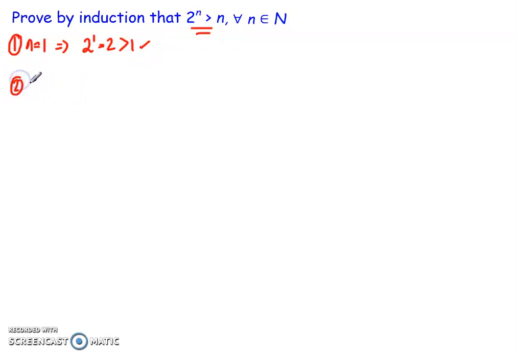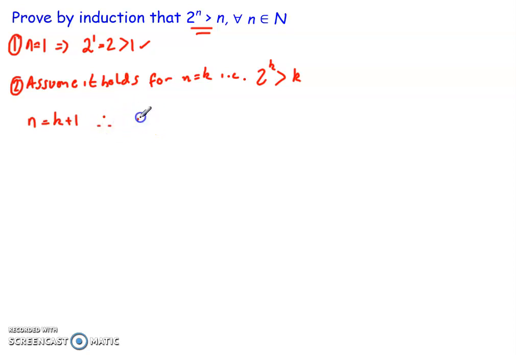What I'm then going to do is I'm going to assume it holds for n equal to k, i.e. 2 to the k is greater than k. What I'm then going to say is we're going to look at n equals k plus 1.